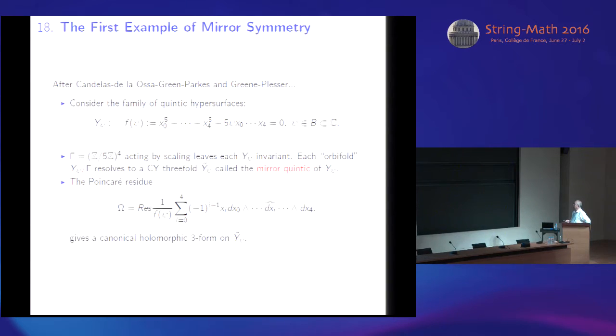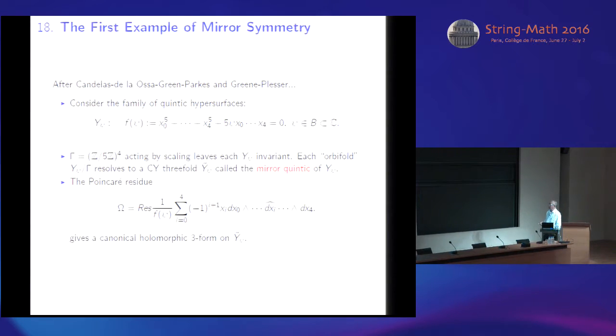Psi is a parameter, which belongs to some subset of C. And at that point, they look at the orbifold construction. So they took this group, acting by scaling, which leaves each Y psi invariant. So this orbifold quotient reduces the Calabi-Yau threefold by resolving the singularity there. So these are called the mirror quintic of Y psi. This is a quintic, and this is a mirror of it, after taking the quotient and resolving singularities.